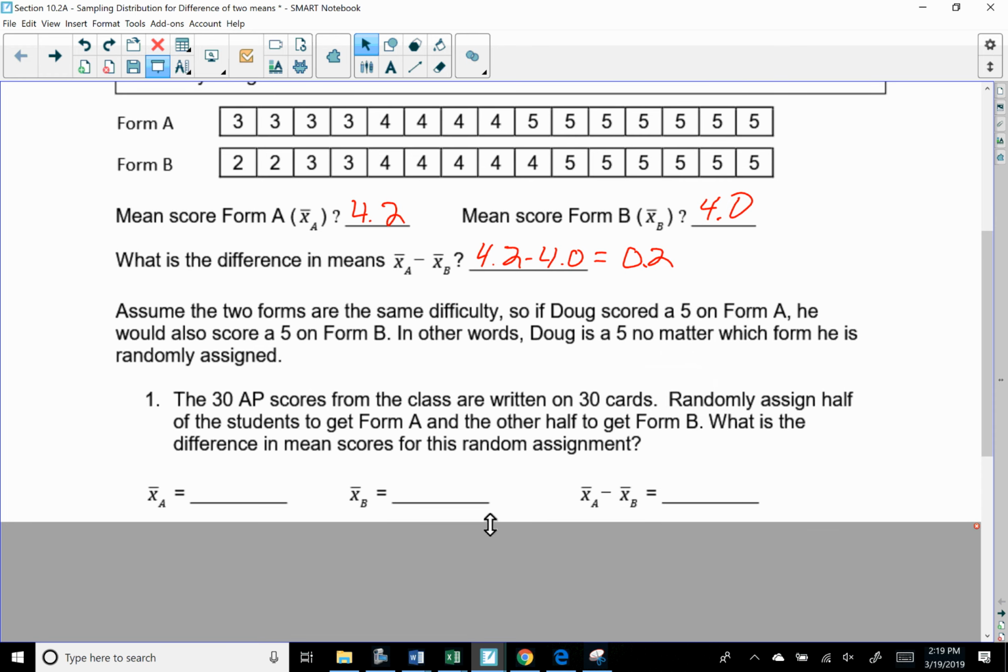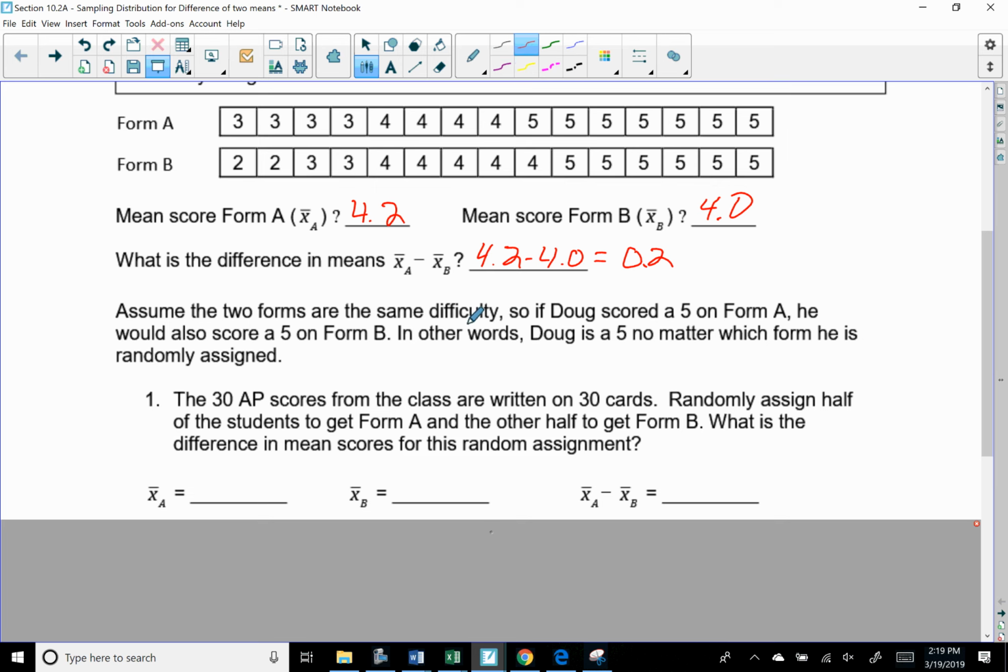Or I'm sorry, not the differences, my bad, the sample mean from Form A, and then the sample mean from Form B. So let's say we took those 30 people, they got scores, and we assigned 15 of them to Form A, 15 of them to Form B, and we got the samples from each one.